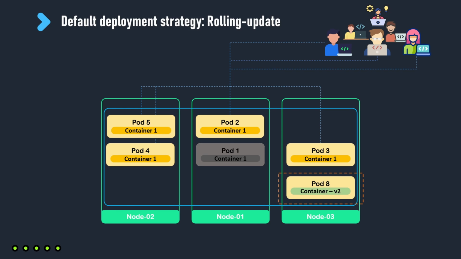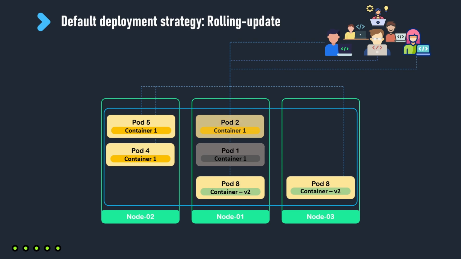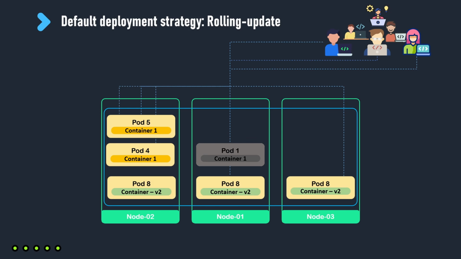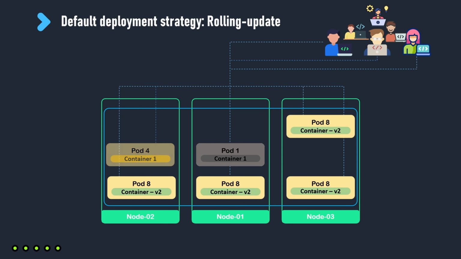And when the service is ready to accept traffic, the instance is added to the pool. Then one instance of the first version is removed from the pool and shut down. And then it will move to another instance until all the pods running the first version are replaced. We have several other deployment strategies, and here are some of them.